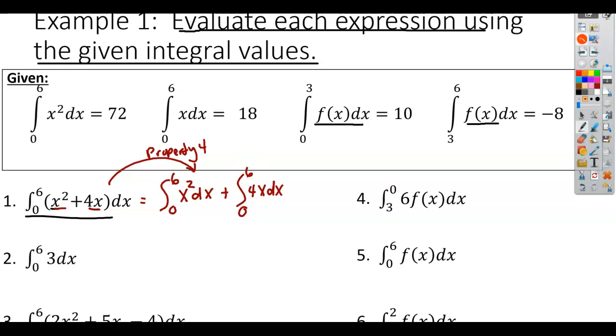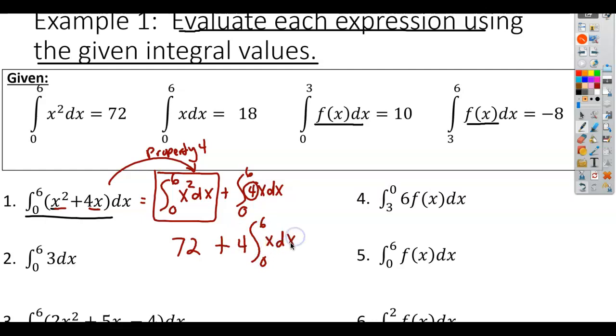Okay? Now, we already know what this equals. Up here from above, we see that the integral of x squared from 0 to 6 is 72. We also have another property here. I have a constant in front of my x. I know that I'm allowed to take that constant out.